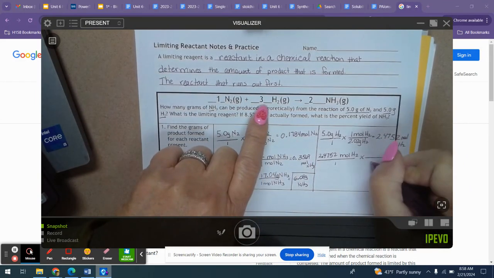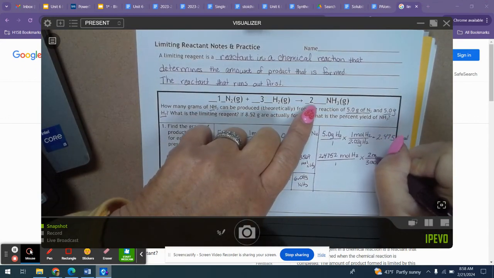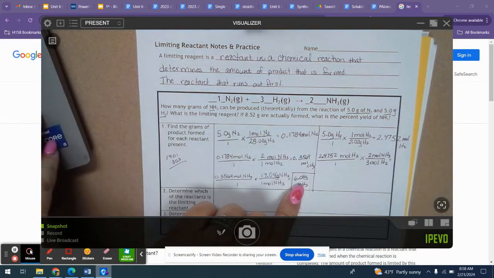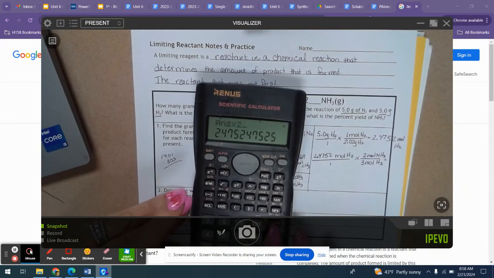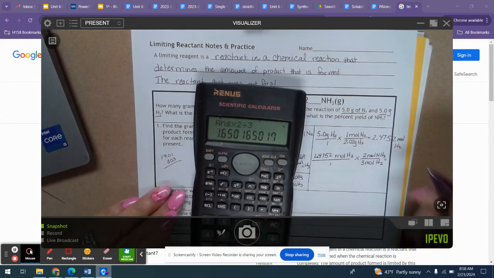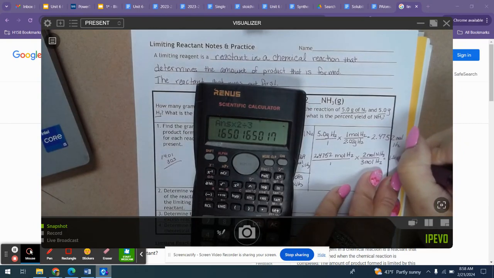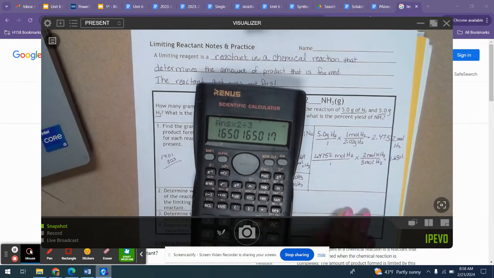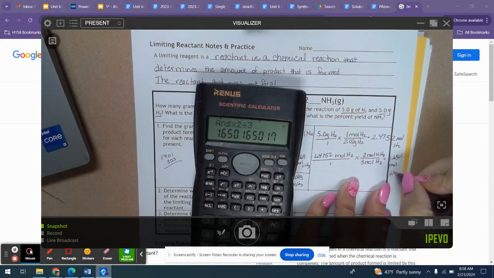For every 3 moles of H2 used, 2 moles of NH3 can be produced. Let's plug this into my calculator: times 2 divided by 3, and I get 1.6501, and that is moles of NH3.